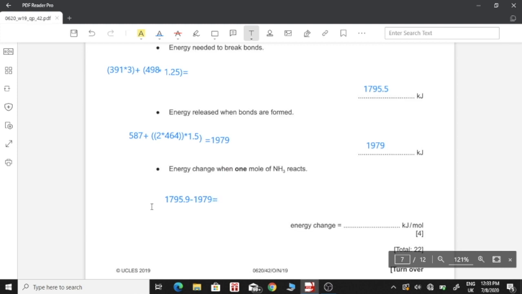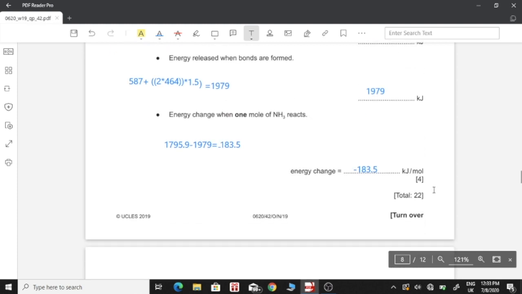And this gives us the answer of negative 183.5 kilojoules per mole. Alright, so we have our answer over here. Got to put the negative sign over here. Alright, so we're done with this question.